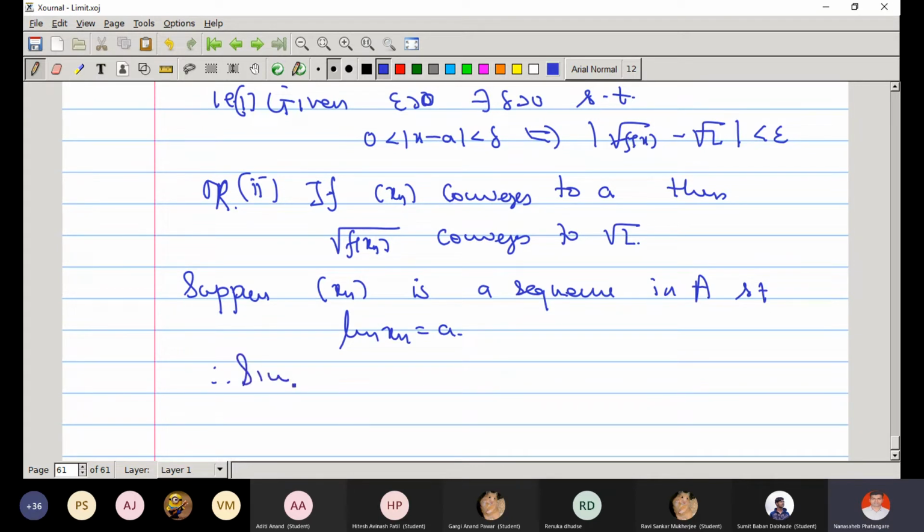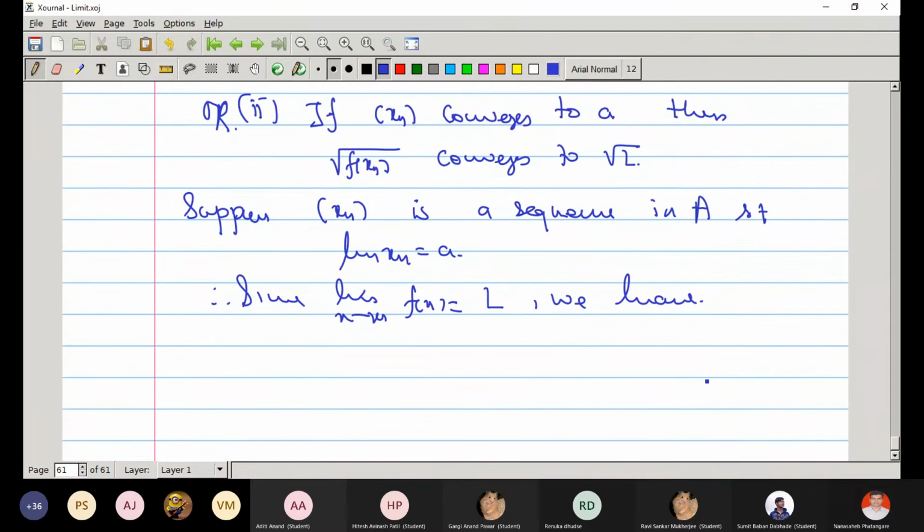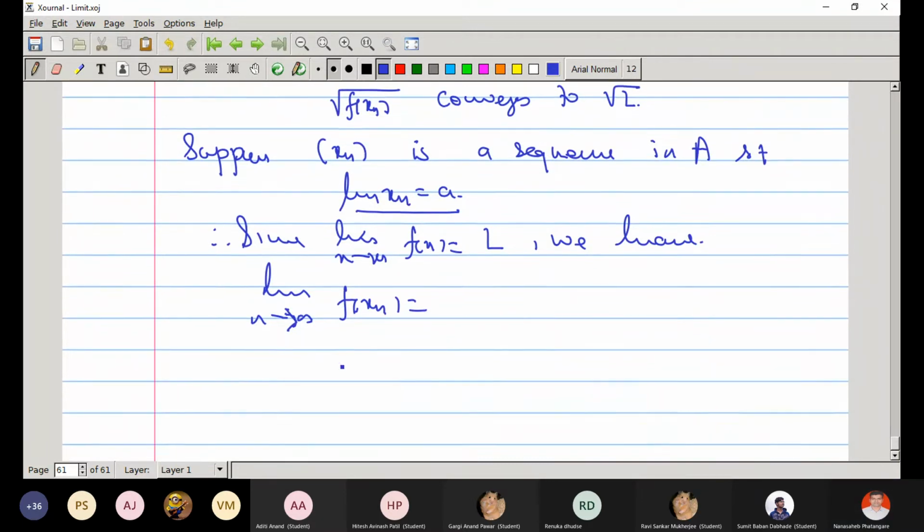Therefore, since limit x tends to a of f of x, we are assuming this limit to be L, we have this limit of f of xn. What should be the limit of f of xn? If xn converges to a, what should be the limit of f of xn? L. L. Right.